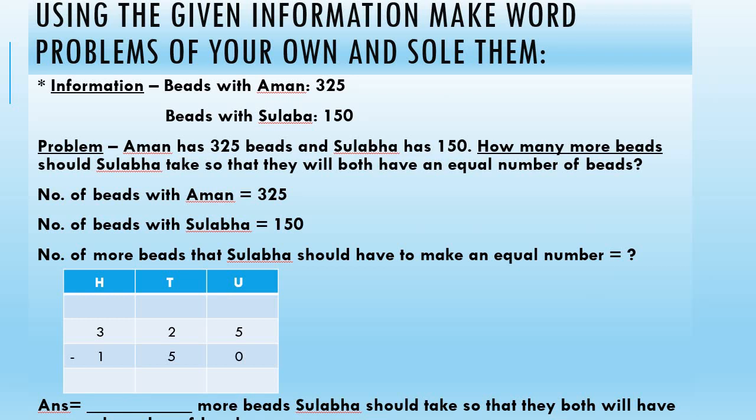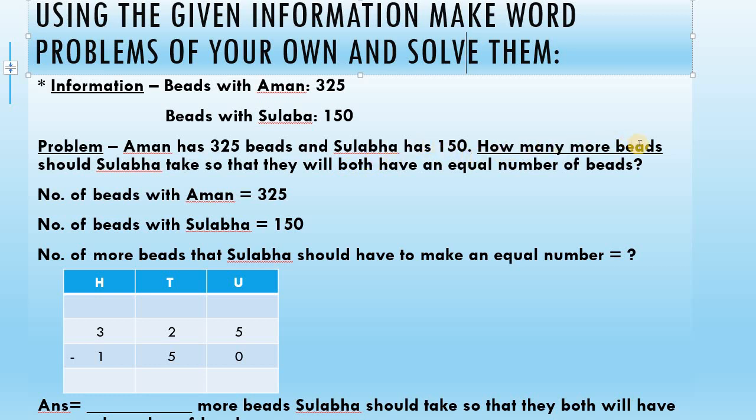Now, using the given information, make word problems of your own and solve them. Information: beads with Aman 325, beads with Sulabha 150. Now, how do you make the problem, boys? The problem is as follows. Aman has 325 beads and Sulabha has 150.